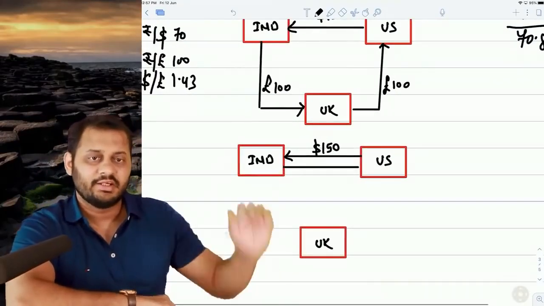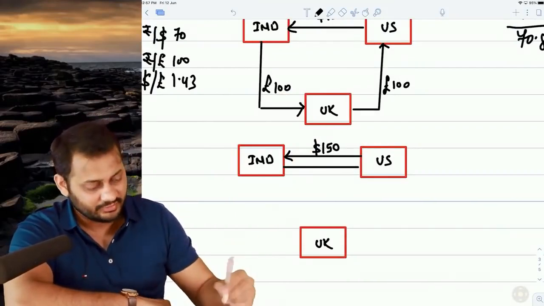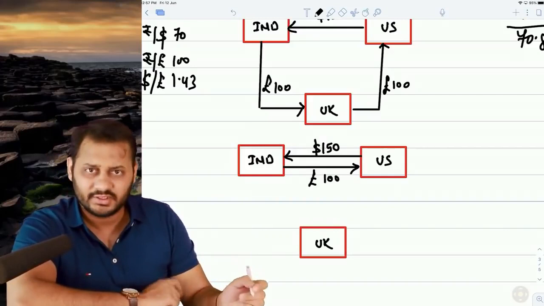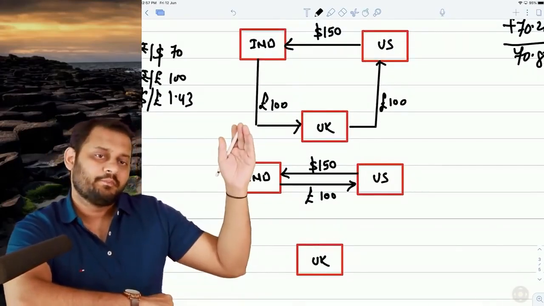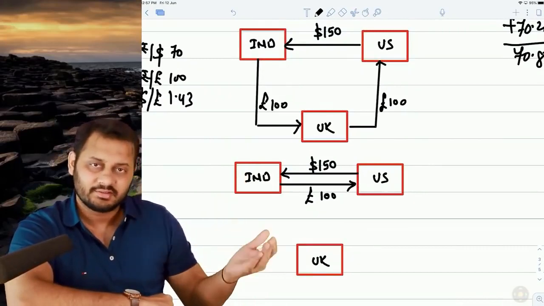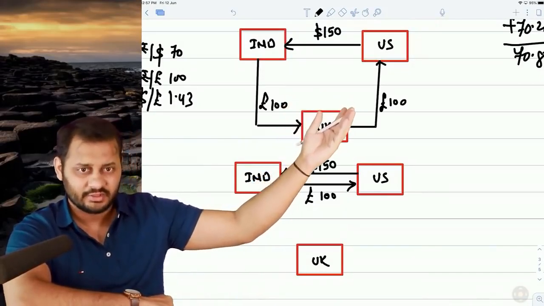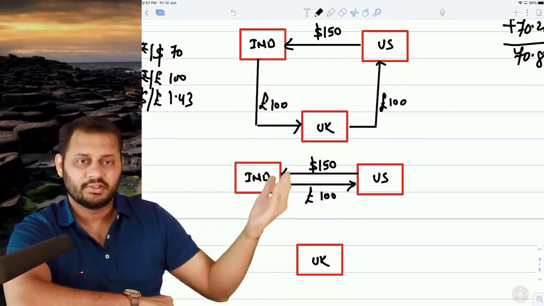Now instead of India paying to UK and then UK paying to US the same amount, we can reduce the transaction, and now India can pay £100 to US directly. So don't you think this and this have the same result? Yes. US was supposed to receive 100 pounds, it is receiving. India was supposed to pay 100 pounds, it is paying.